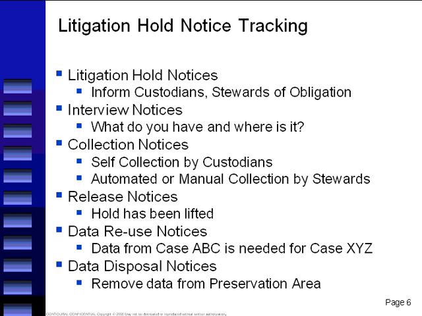There are other notices and basically information that can be utilized through the litigation hold process that can be tracked and can be automated. Some of these are like these interview notices, and once you have information or you know that you need to start working with a custodian, that you want to be able to find out additional information that they have. Collection notices where you actually reach out and use the system itself to tell custodians that they need to actually gather information, perhaps drop information manually into a secure preservation area, which I think Greg's definitely got some thoughts around that and can share with you later.